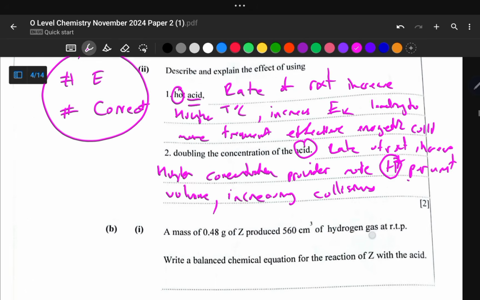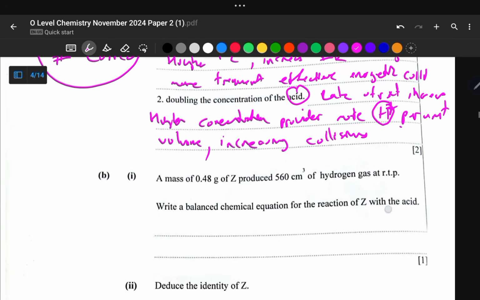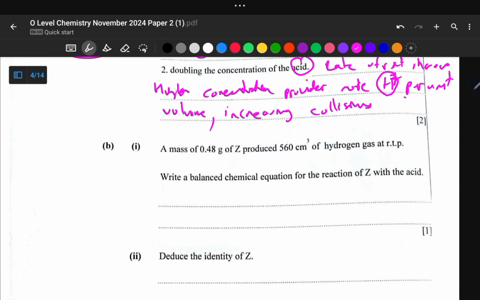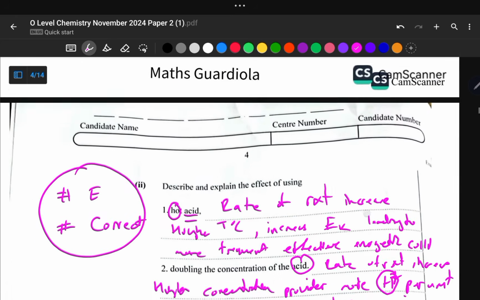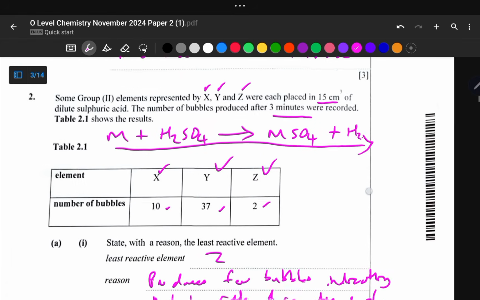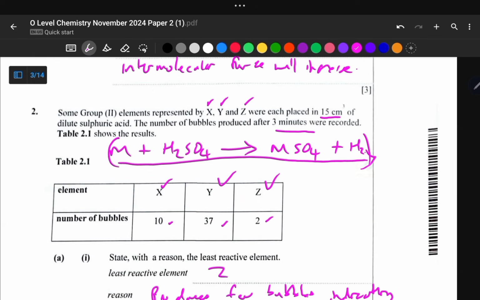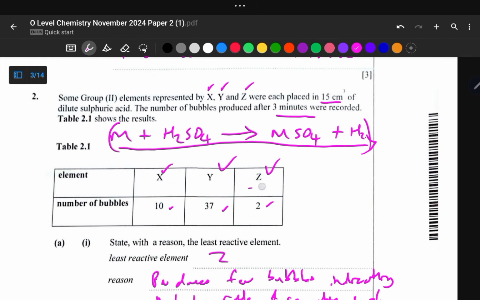So we're now moving on to part number B. We are told a mass of Z, 0.48 grams of Z, produces 560 cubic centimeters of hydrogen at RTP. Write a balanced equation for the reaction. So we've written the equation here. This is the reaction for Z. The reaction for X, Y, and Z is the same, since they have the same electronic configuration.